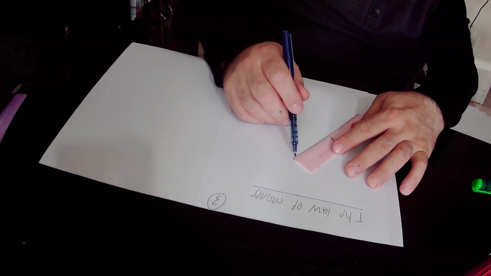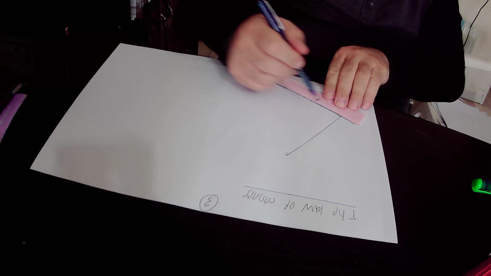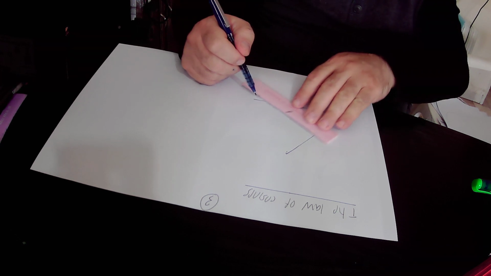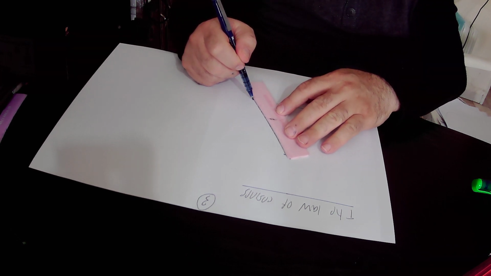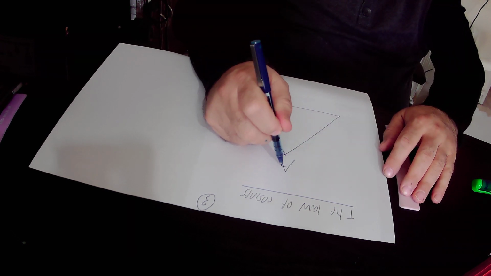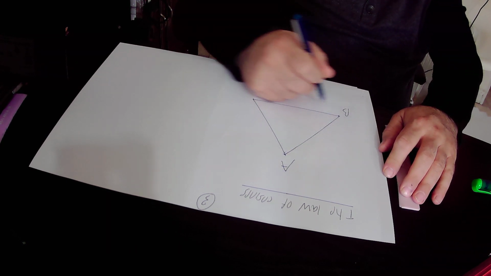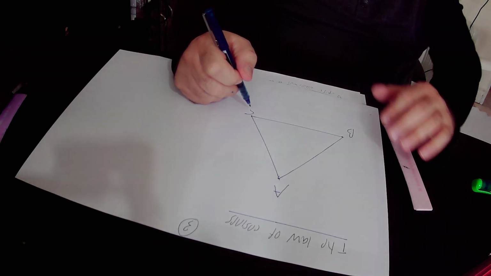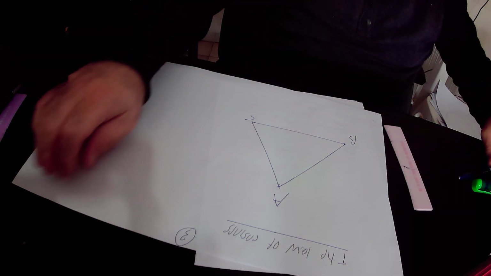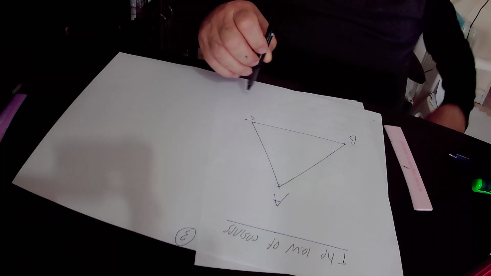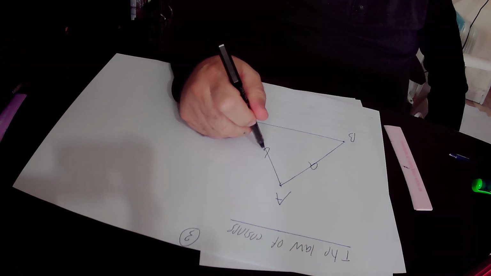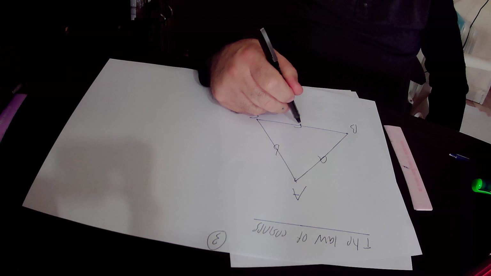So if we have triangle ABC, that could be any triangle. And we know that side AB of triangle ABC equals A units in its length, side AC equals B units in its length, and side BC equals C units in its length.